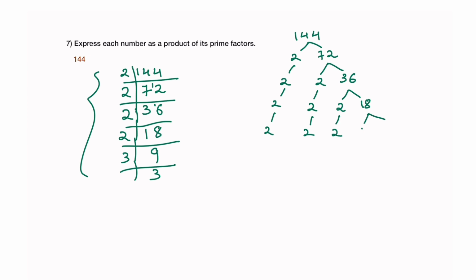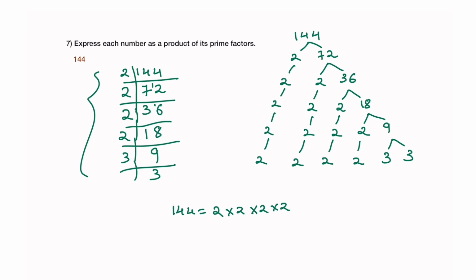And this becomes 2 times 9. That's 2, that's 2, that's 2, that's 2. And this is 3 and 3, right? 9 is 3 times 3. So 144 can be written as 2 times 2 times 2 times 2 times 3 times 3. Okay, prime factors. And it's done, right?